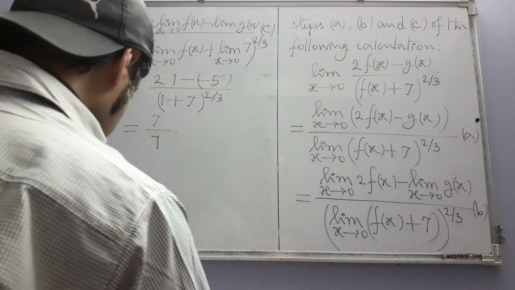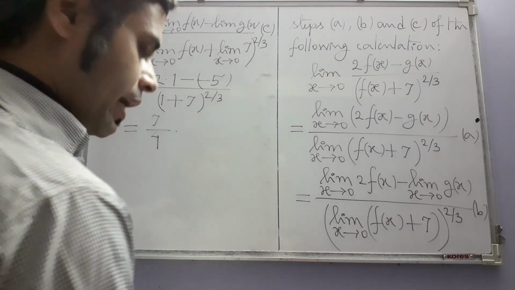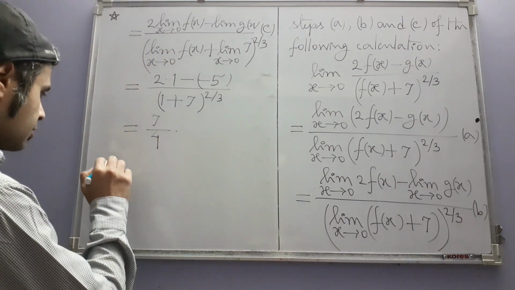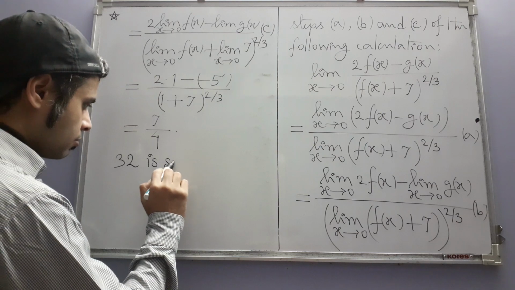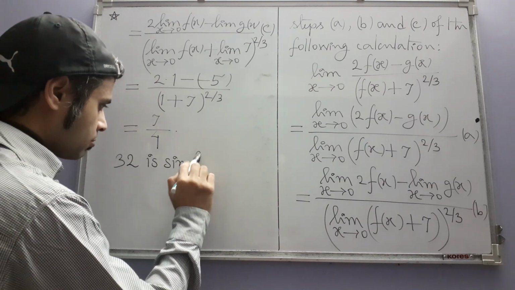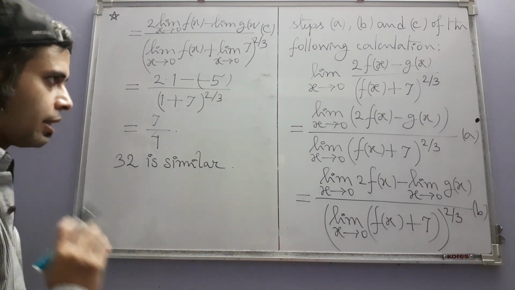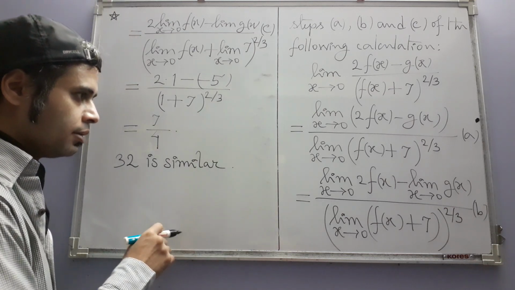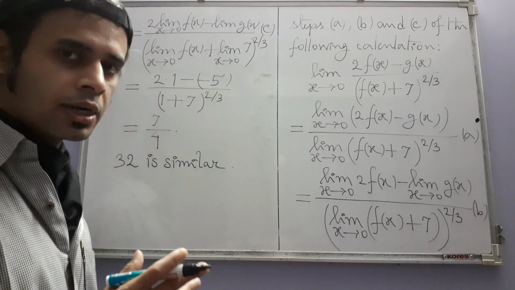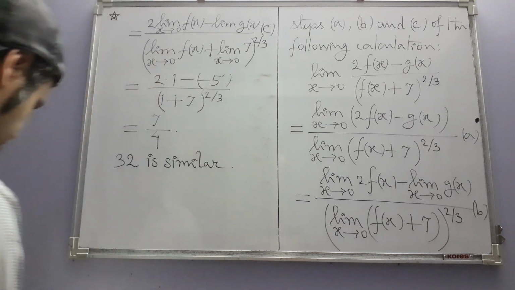And now the next one is also similar, so I am going to leave that to you. 32 is similar. There also we have one such calculation where steps have been labeled and we have to say which parts from theorem 1 are used in each labeled step.